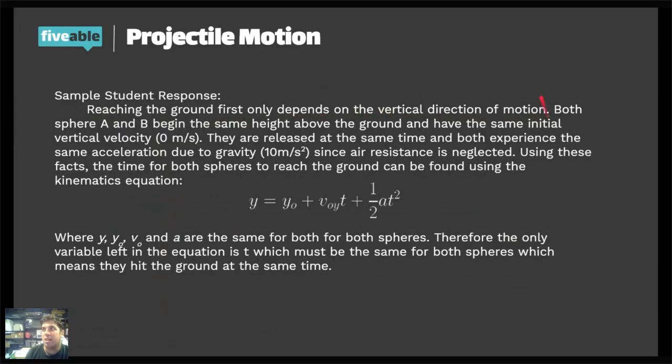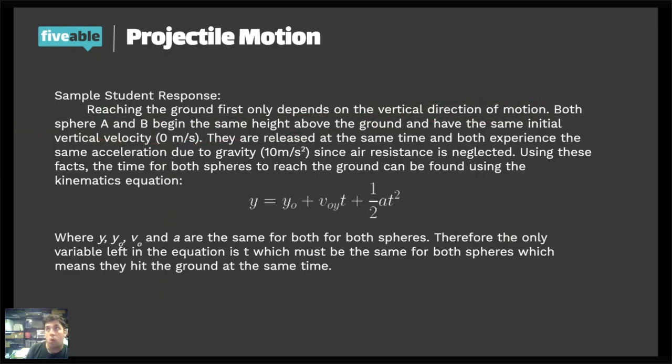We saw in that video clip that there is no effect of moving sideways on the time it takes to hit the ground. The X direction motion has no impact whatsoever. So all we are looking for is the vertical direction of motion to be the same in this example.